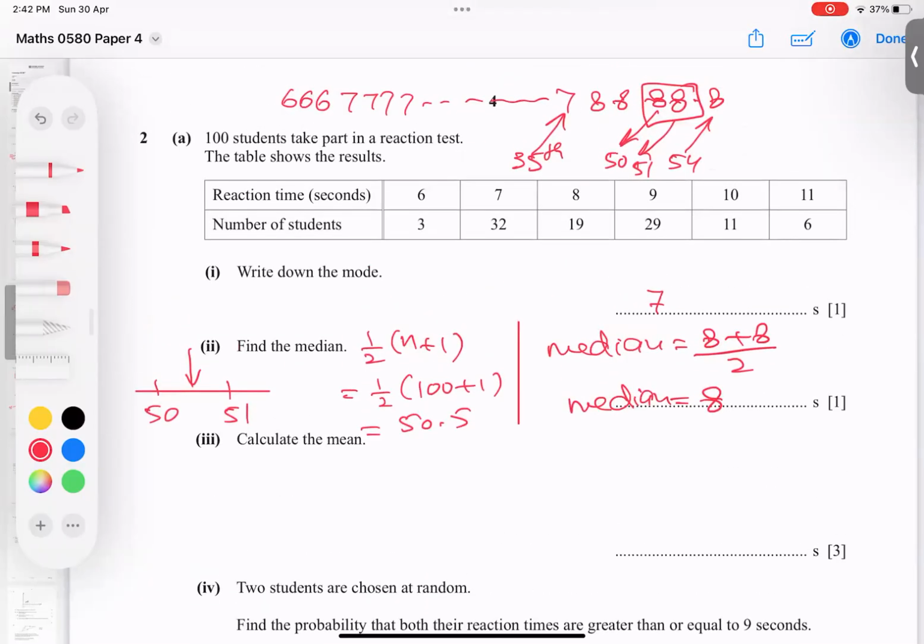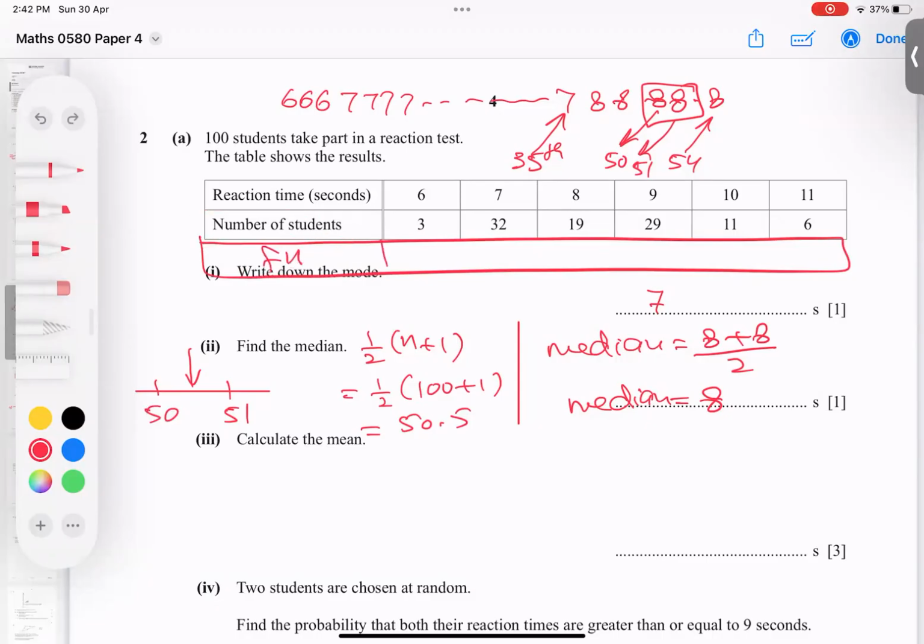Mean. What is the mean? Students will make one extra column, and that column is fx. I repeat my words, fx. F stands for frequency, X stands for the reaction time. So multiply them. 6 times 3 is 18, and so on and so forth.